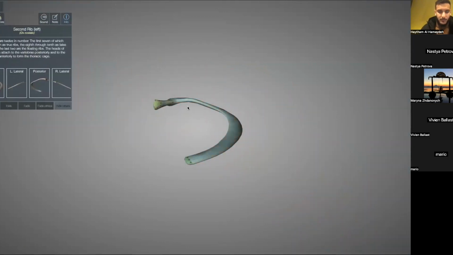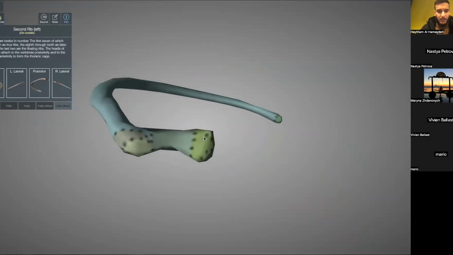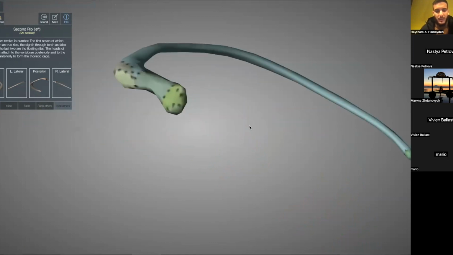Look, here you have the head. This is part of the costovertebral joint. It has two surfaces here: superior articular surface and inferior articular surface.